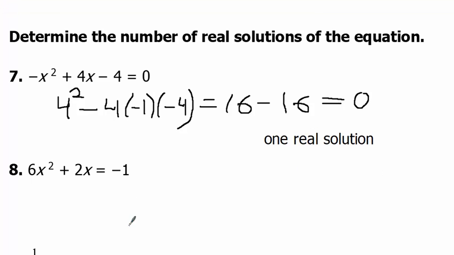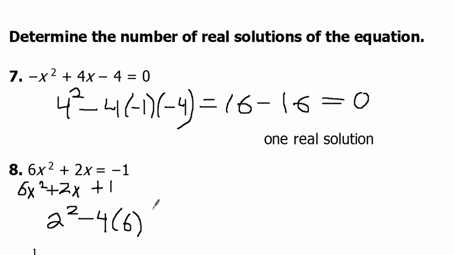This is not in standard form. If we don't have it in standard form, we will make mistakes. We have to add the 1 to this side of the problem. So we have b squared minus 4 times 6 times 1.